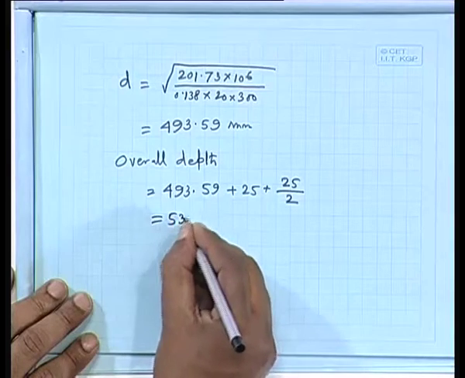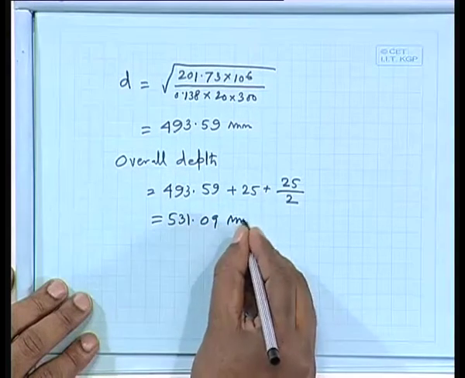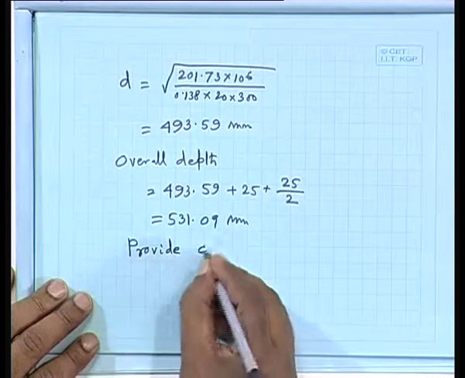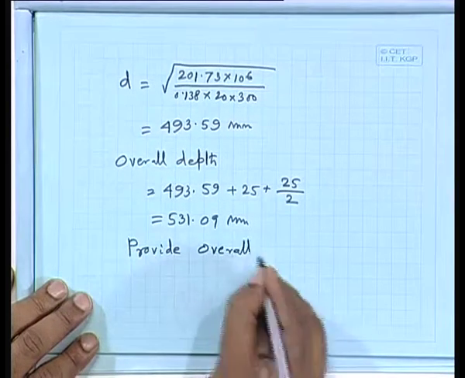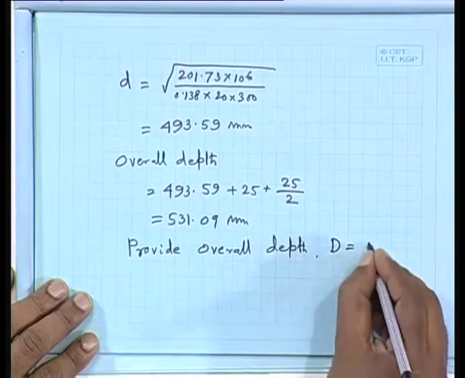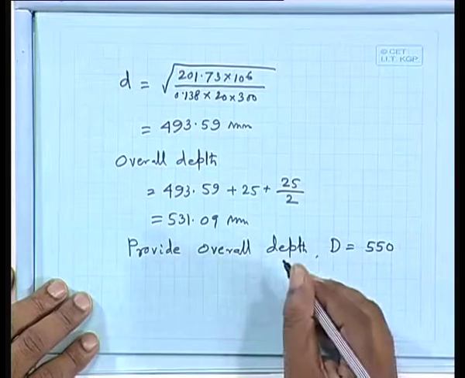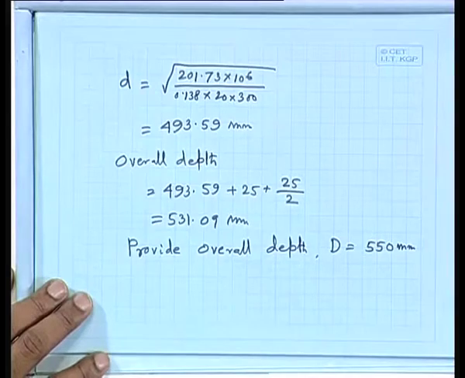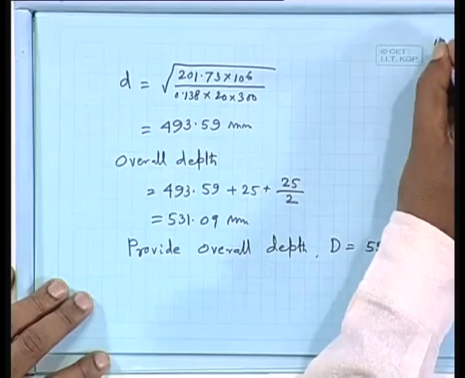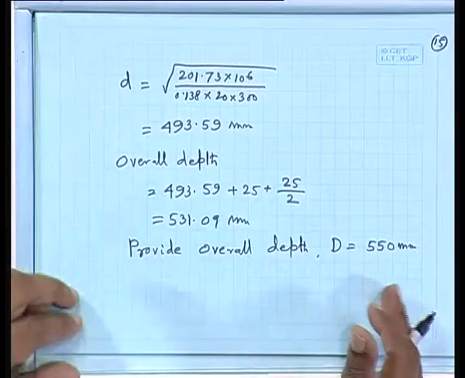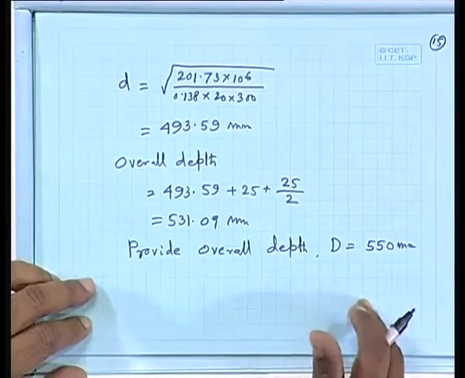So 531.09 millimeter, provide overall depth D equal to say 550 millimeter. 540 also we can provide, but anyway let us say 550 millimeter. Now we can change that value, because self weight also changes if we provide 550.